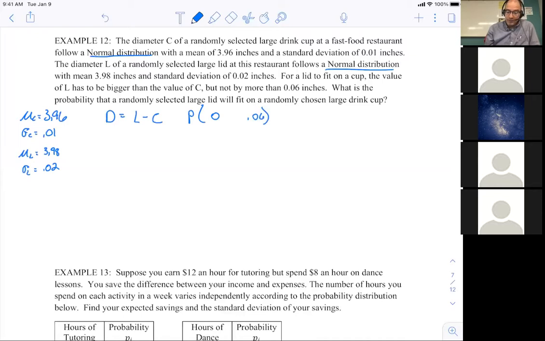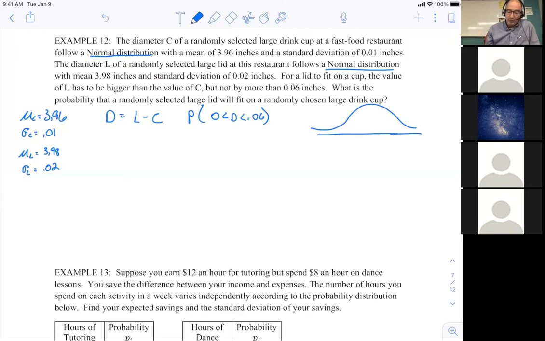So that means this D value has to be greater than 0, but less than 0.06. Because I'm putting 2 normal distributions together, my resulting distribution, the difference between those 2, is also going to be a normal distribution.